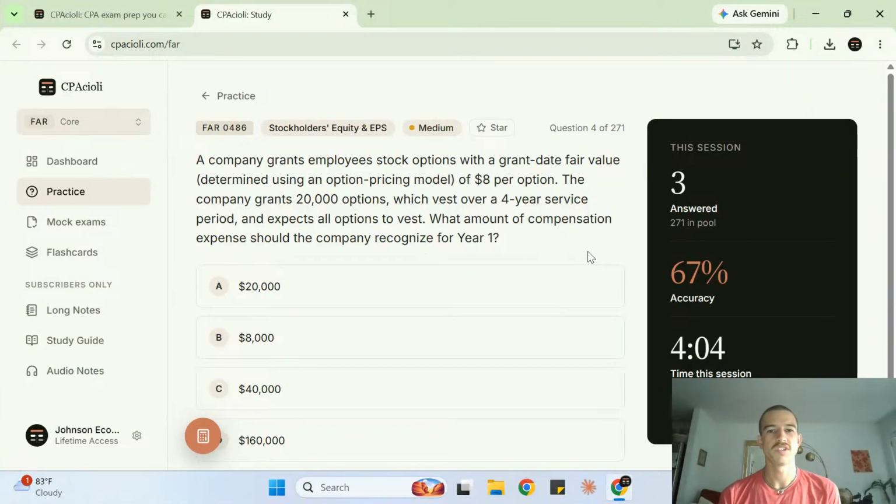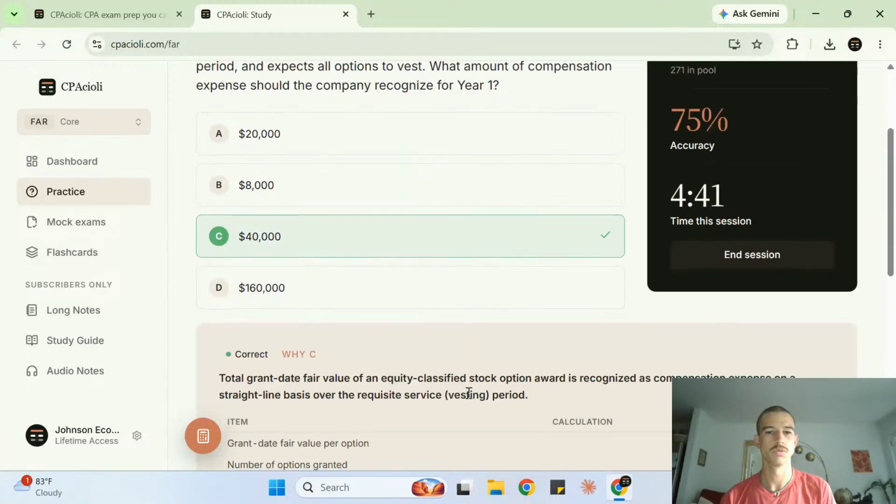A company grants employees stock options with a grant date fair value of $8 per option. The company grants 20,000 options, which vest over a 4-year service period, and expects all options to vest. What amount of compensation expense should the company recognize for year one? Assuming it would just be 160,000 divided by 4. Cool.